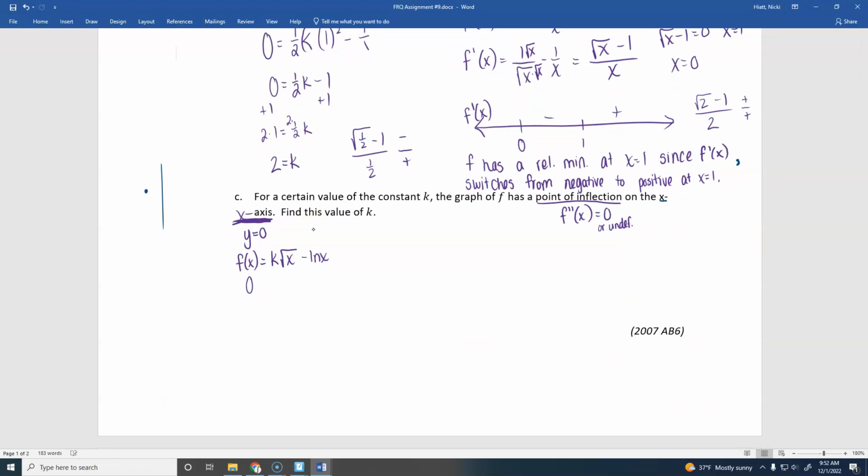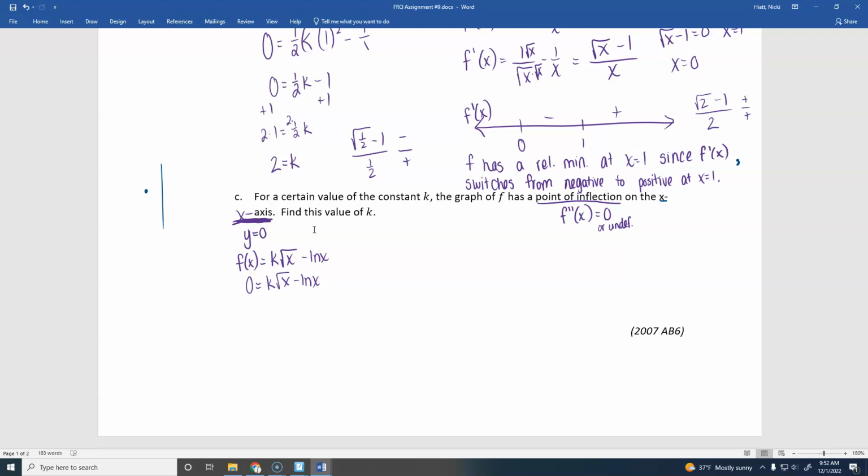So that's 0 equals k square root of x minus natural log of x. And I really can't solve that for x, not easily, anyway.